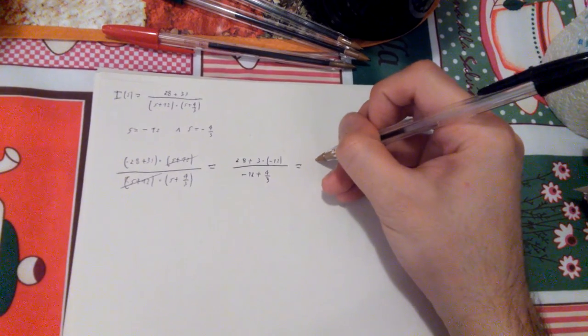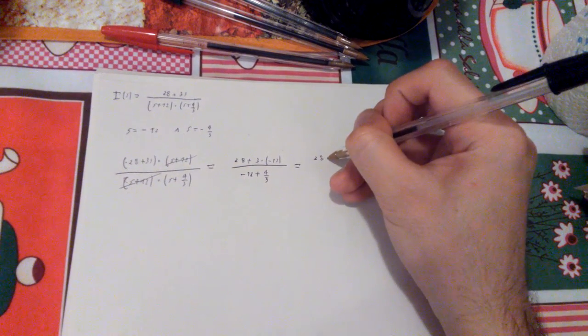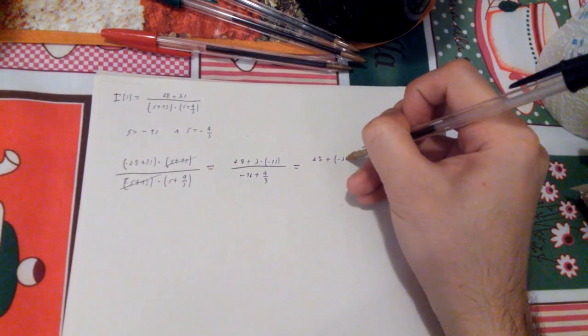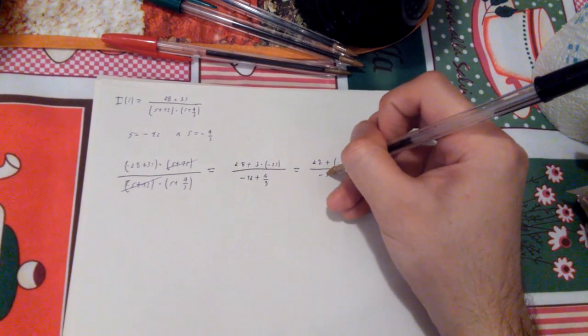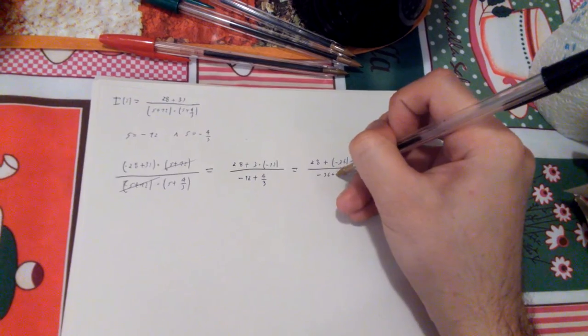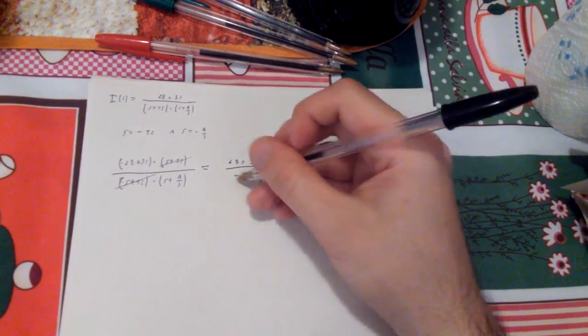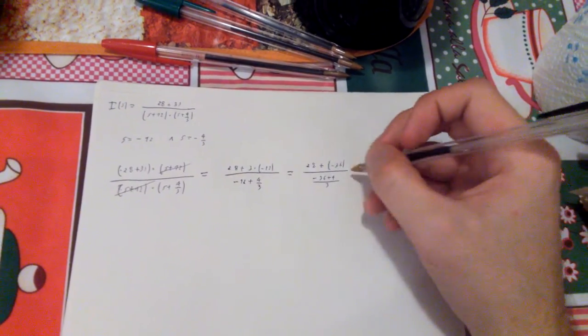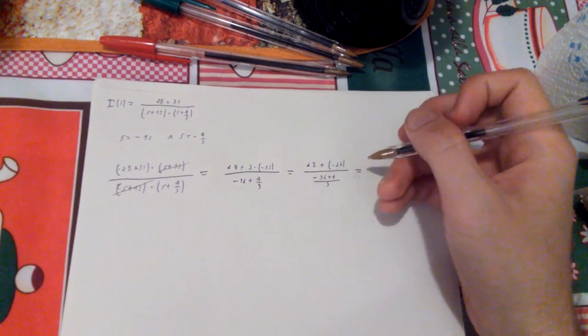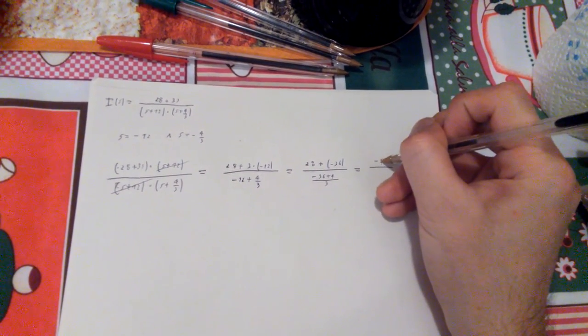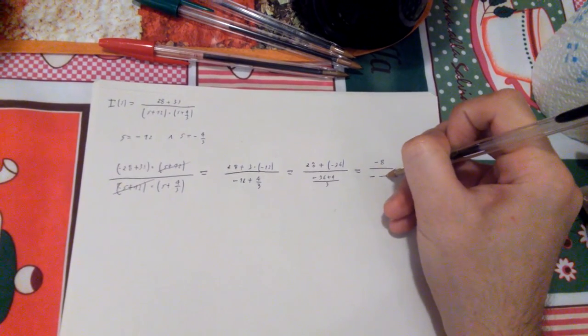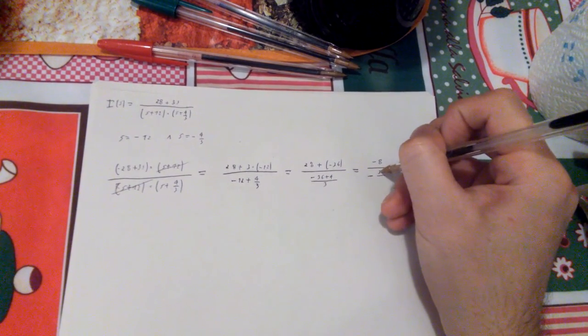So 28 plus negative 36 over negative 36 plus 4, everything over 3. Let me just simplify this fraction here. So what do we get? Negative 8 over negative 32 over 3.